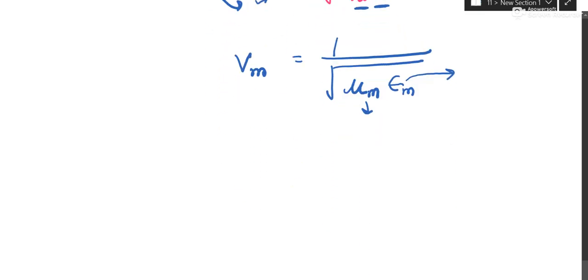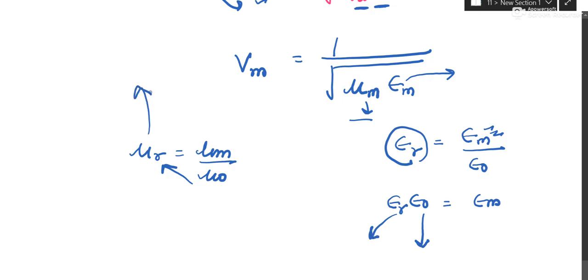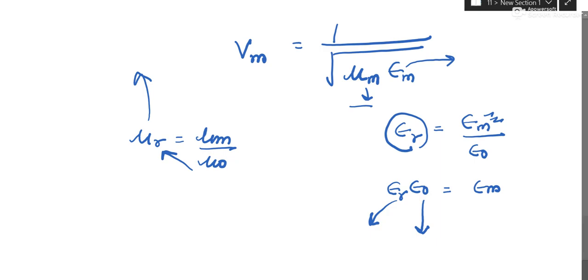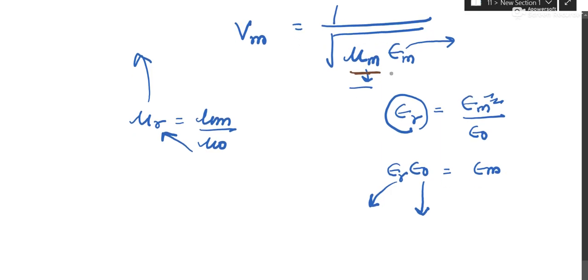And now you know the relationship that relative permeability is equal to the material's permeability upon free space permeability. Right, we'll substitute here. And similarly, relative permittivity, that is the dielectric constant, please revise electrostatics, is the material's permittivity upon free space permittivity. So this is equal to epsilon r times epsilon naught. This is permittivity of free space. This is relative permittivity of the medium. This is relative permeability of the medium. So anyways, we'll substitute here.